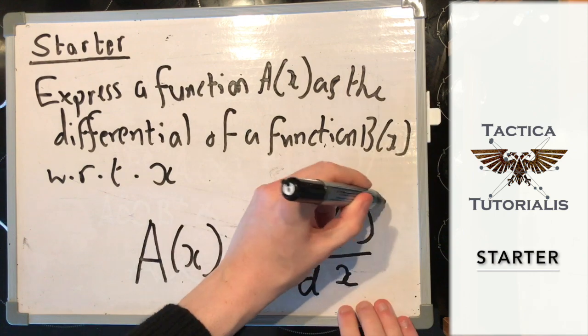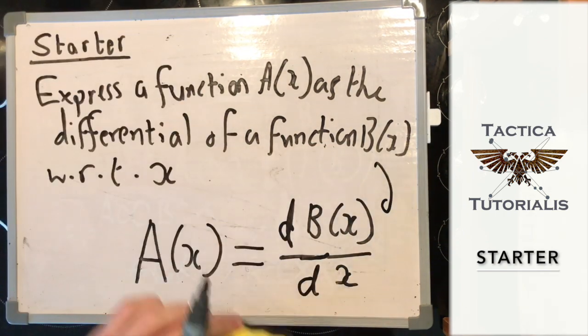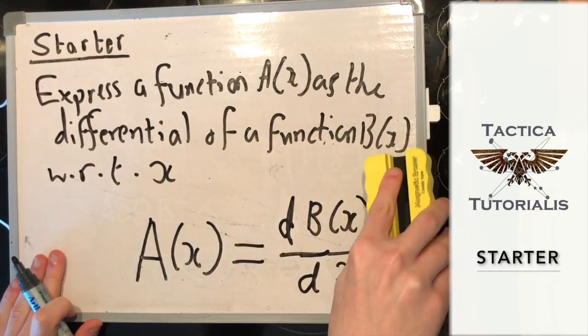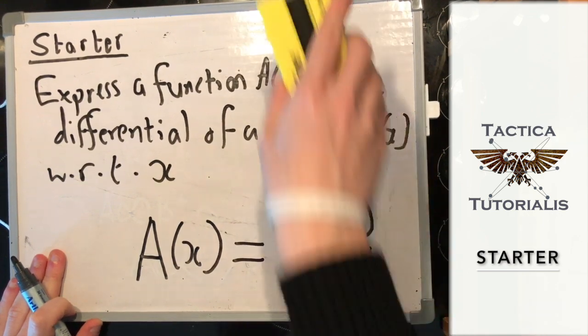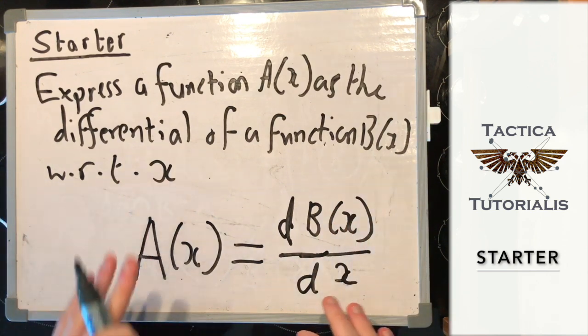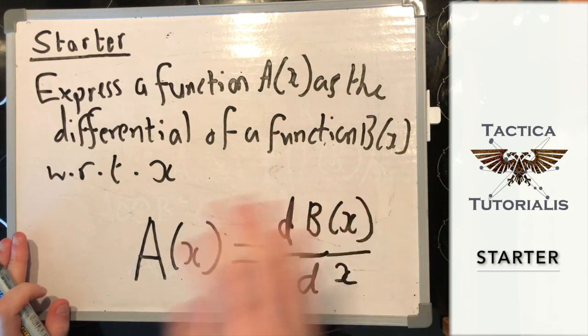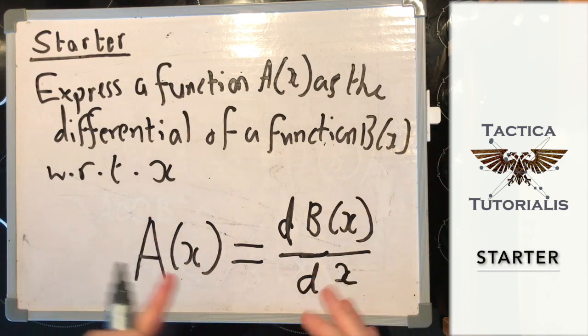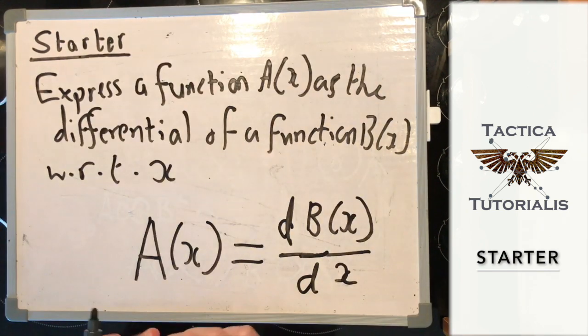You may also see it with a slanted d. That's for partial differentiation. I'm not getting that today because we're not going to... Actually, we might touch on that later, but that's the basic formula for differentiation. A function a is db by dx, therefore a is the rate of change of b with respect to x.